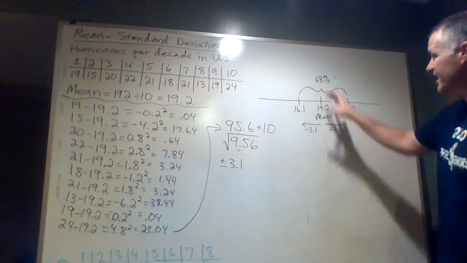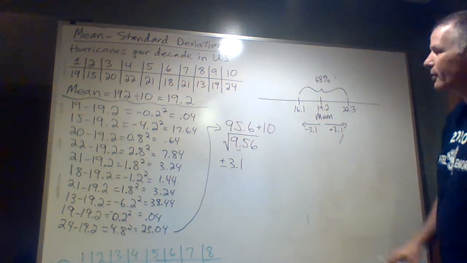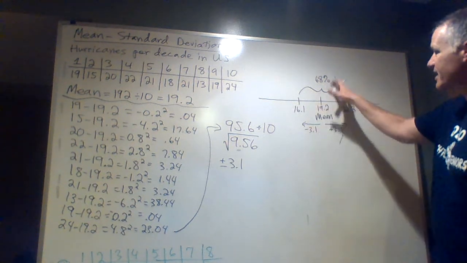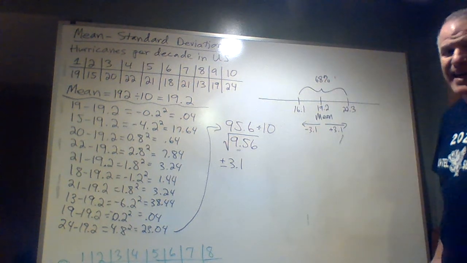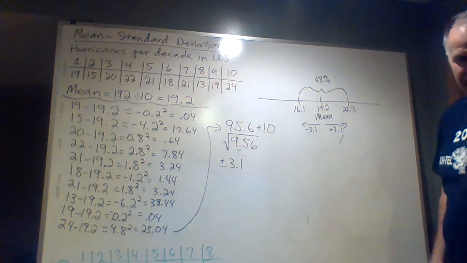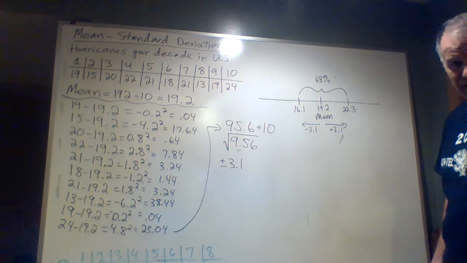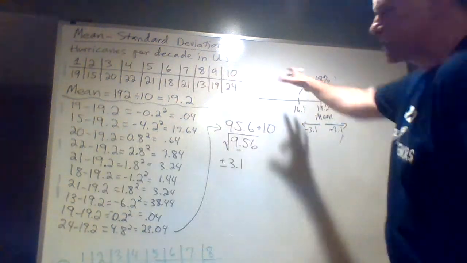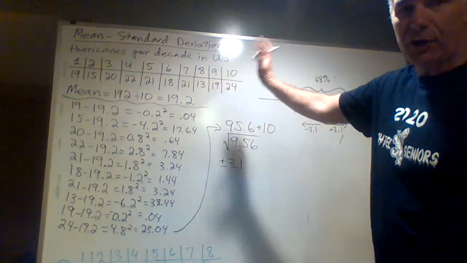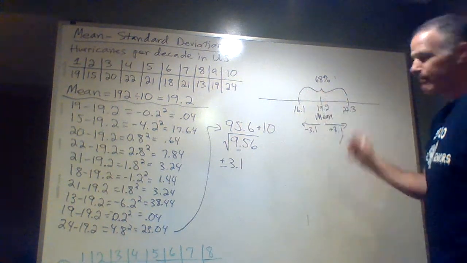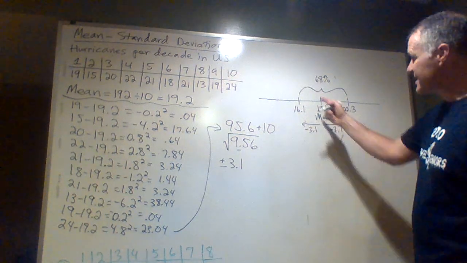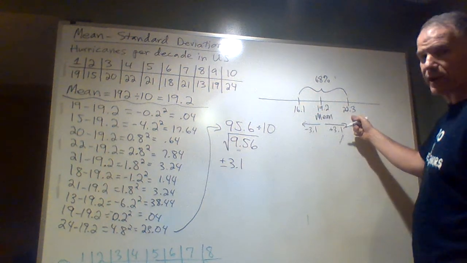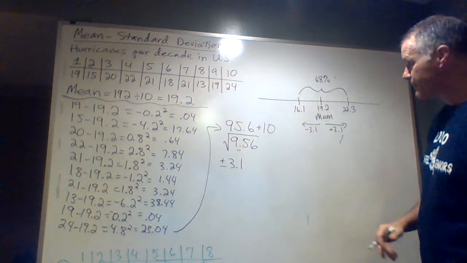That's a fact about standard deviation. So if we did another 10 years of hurricanes, on average 68% of them should fall between 16.1 and 22.3, according to our data.